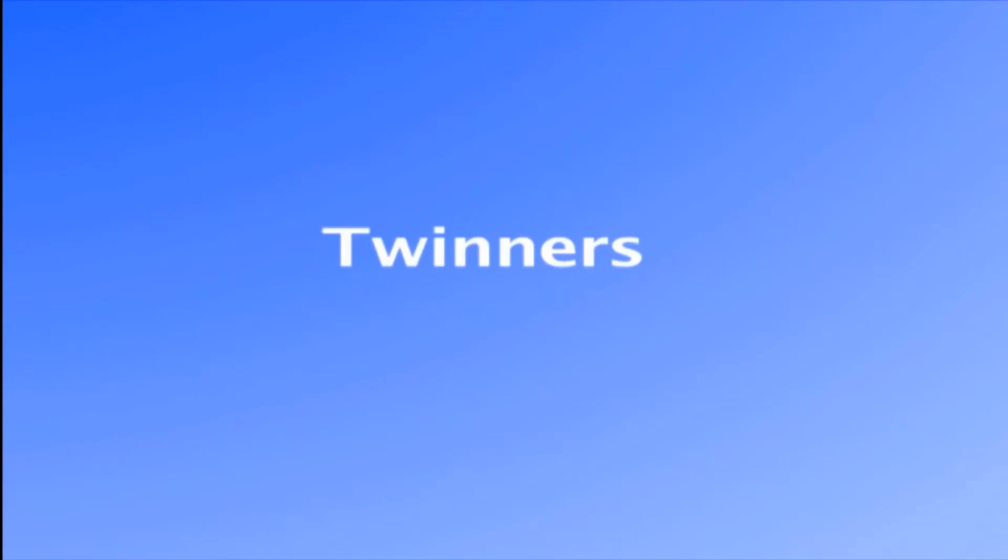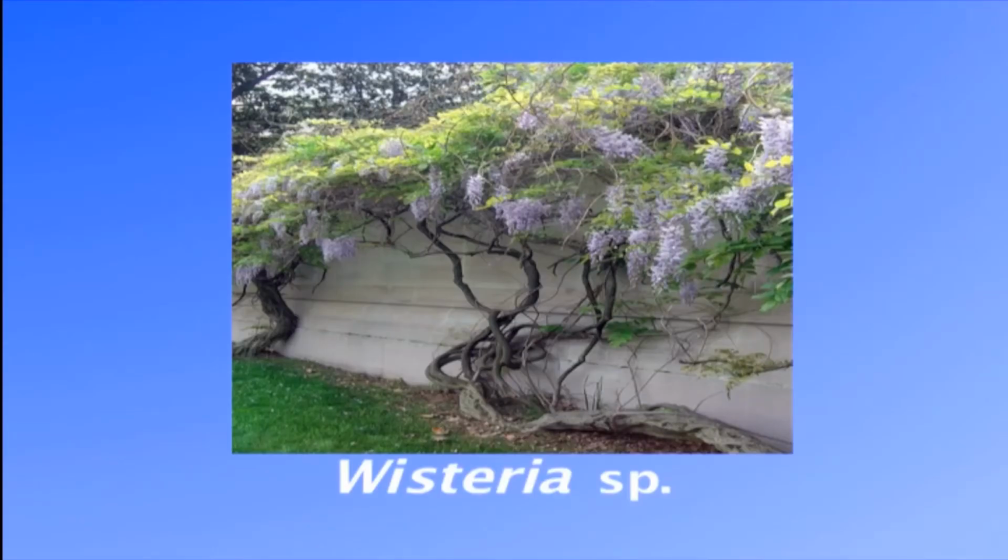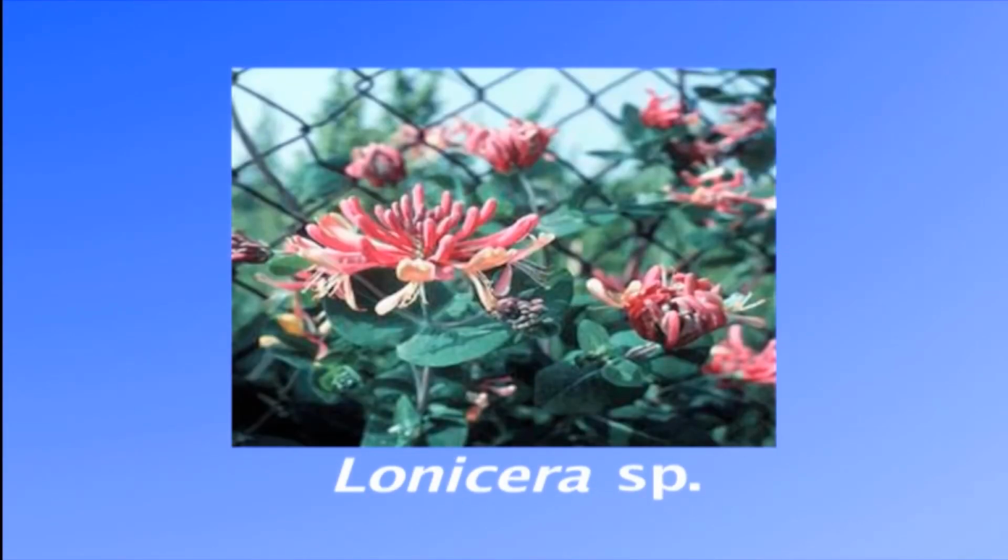The lianas are classified on the basis of their method or technique employed for climbing a host. The broad categories include: number 1, twiners. They twine around the support using stems, branches and petioles which coil themselves around the support. The best examples are presented by Wisteria and Lonicera.